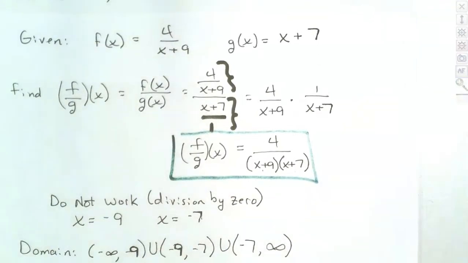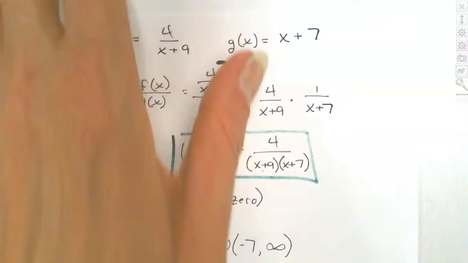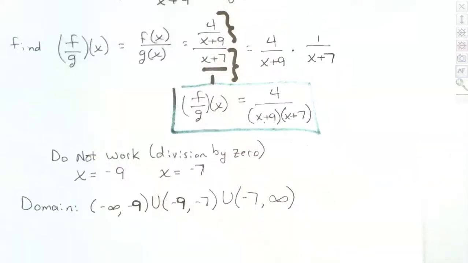So that is basically saying what? That is saying that all numbers are viable numbers to use except for -9 and -7. We had to split it up like this because in interval notation, that's what it would be. This basically says every number works that we can use except for -9 and -7.